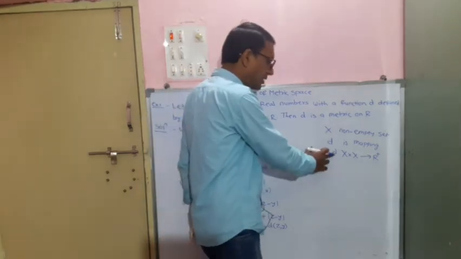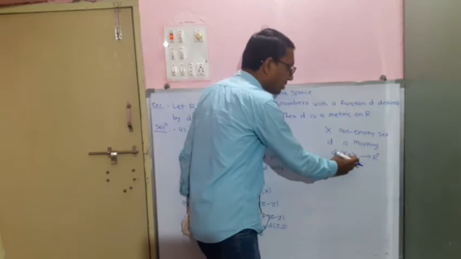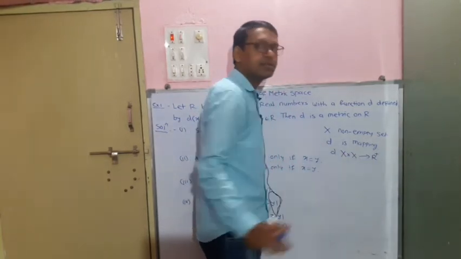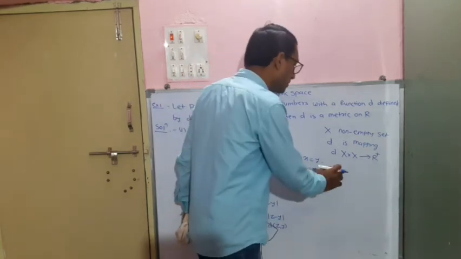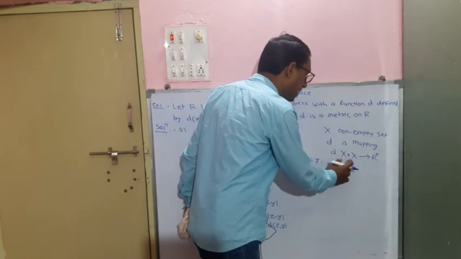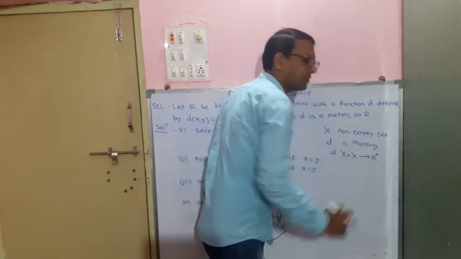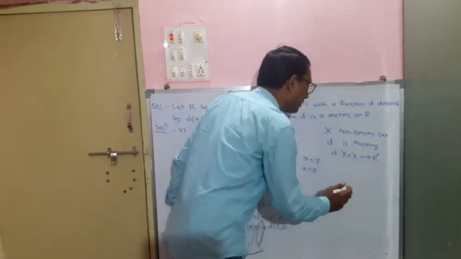So this mapping D is such that it has the elements ordered pairs and the range is real numbers, positive real numbers, and again including 0. So this mapping is such that the image of an ordered pair is a real number. The image of an ordered pair is a positive real number or 0.